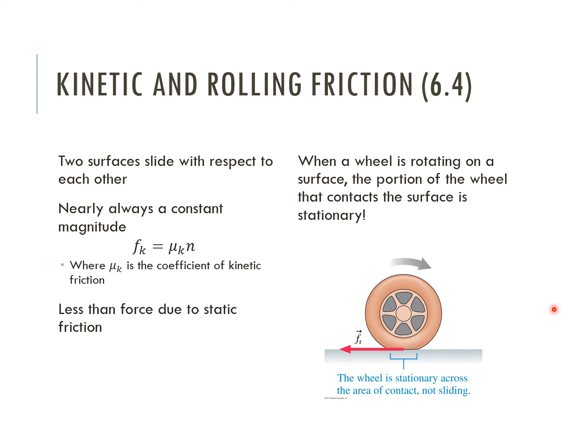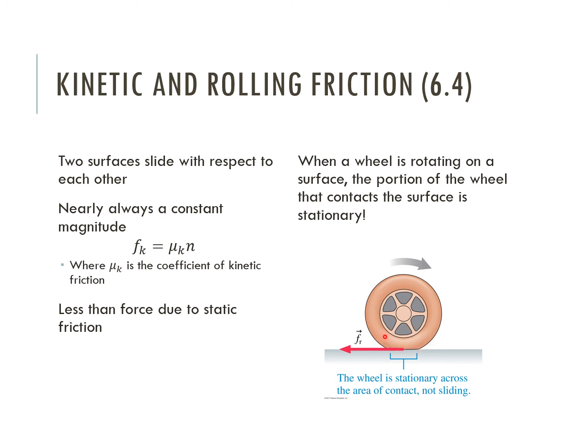Now for rolling friction, this is a very specific type of static friction. If we think about a tire that is rotating on a surface, part of the tire is actually stationary when it is rolling. So this bottom part here is stationary on the surface, and then the way that a tire moves is the next part becomes stationary to the next part of typically a road.